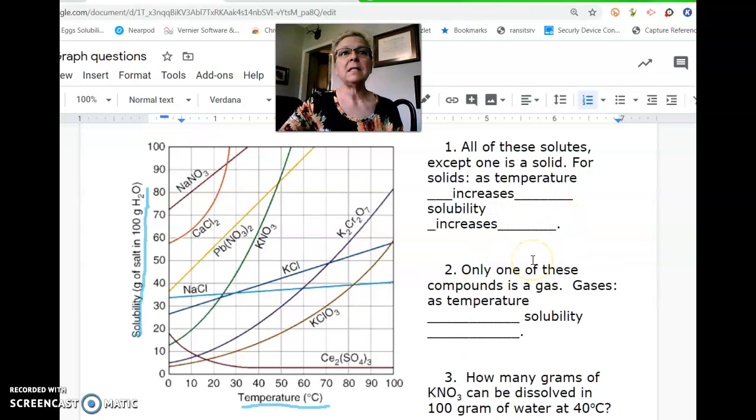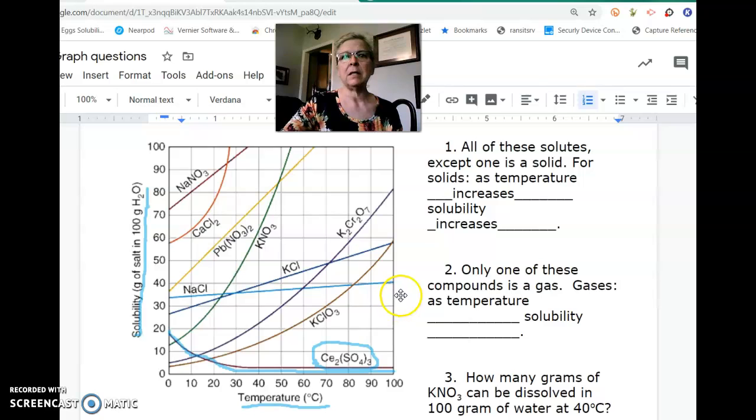Okay, so if that's the case, let's take a look at the next example, and I'm going to switch over to using my highlighter now. In my next example, only one of these compounds is a gas, and there it is. I have only one compound that is a gas. That is this one here, and I can tell it's the only one that is a gas because it's the only one that has the opposite trend.